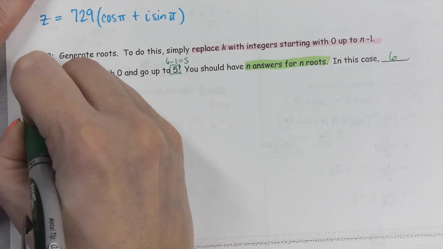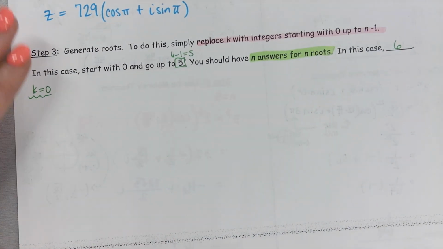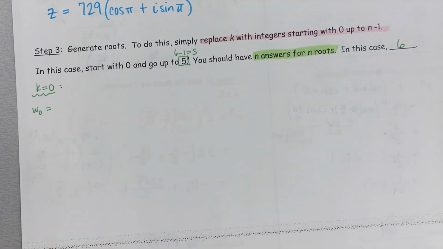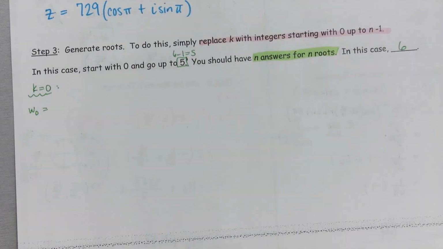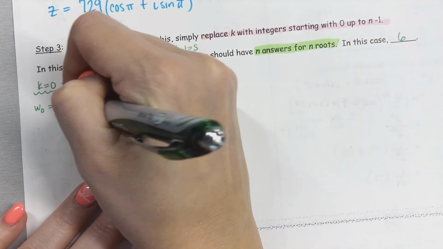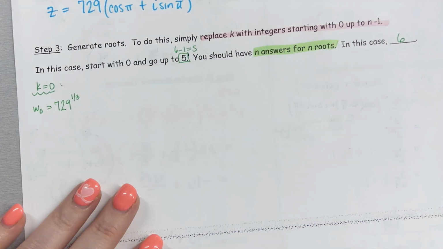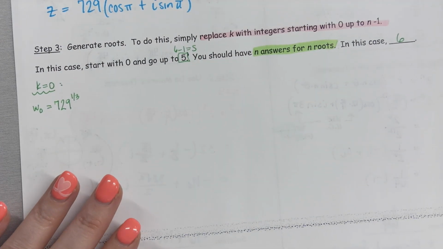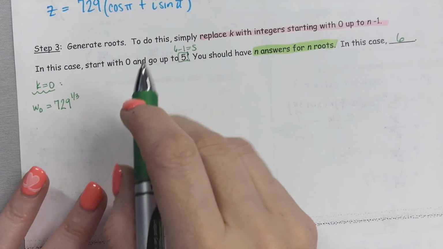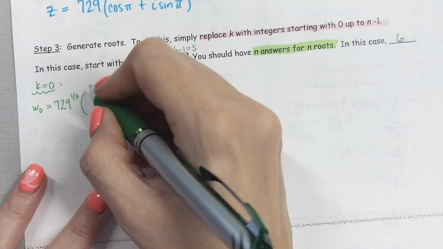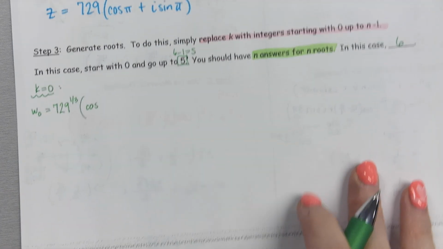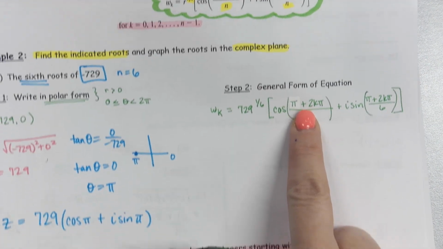So in the first case, when you're plugging in k is 0, w sub k is now w sub 0. You have 729 to the 1/6 power, which is just the cube root of 729. For one that's that large, I'm fine if you use your calculator for that, and we'll simplify it together. Now it's the cosine of pi plus 2k pi.